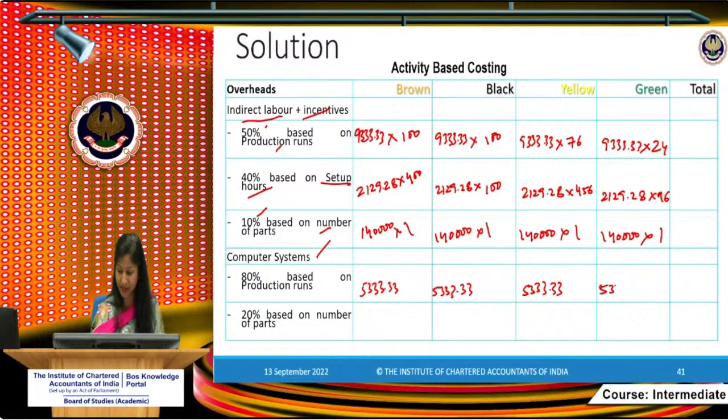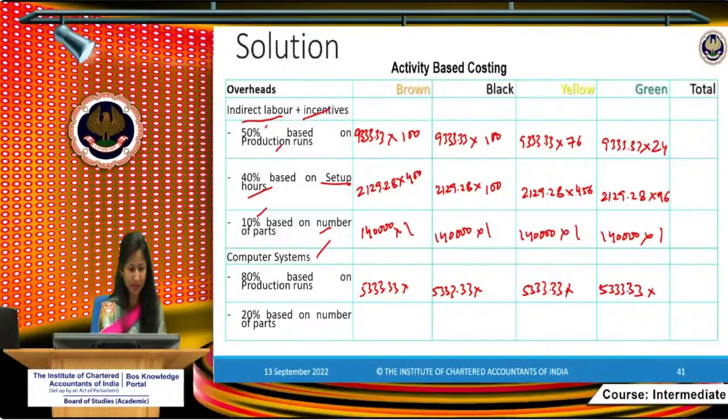You just need to write down all the figures at one go, then just do the calculations. The main thing was to calculate the cost driver rate, which you have already calculated. You have already understood how it was calculated, and now the task is only to use those figures and calculate the figures.